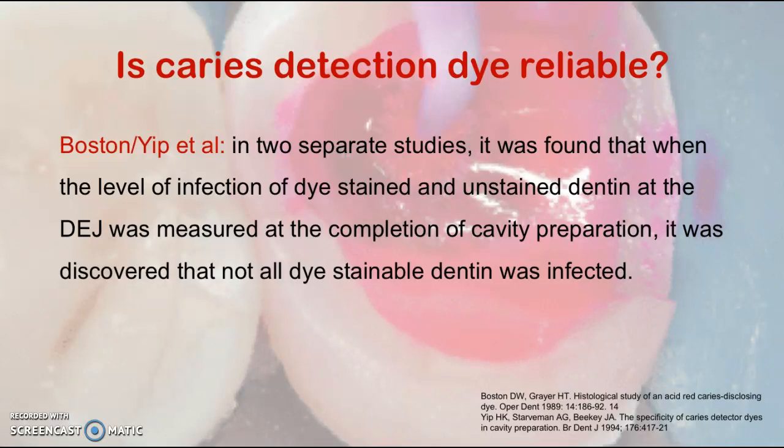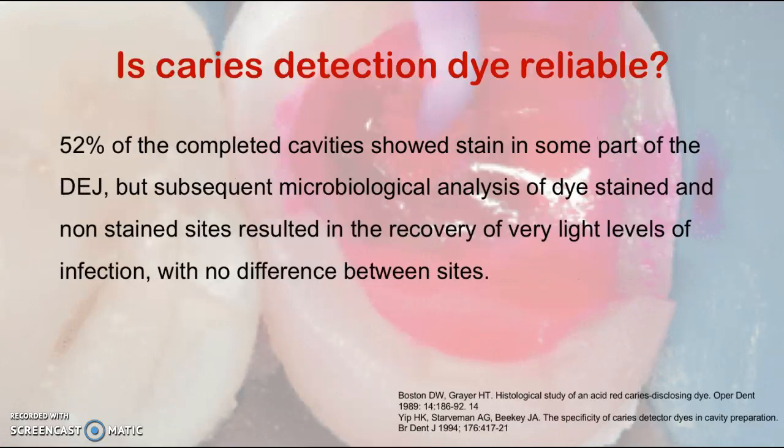The real question is, is caries detection dye reliable? In an article by Boston Yep et al., they said that in two separate studies, when the level of infection of dye-stained and unstained dentine at the dento-enamel junction was measured at the completion of cavity preparation, it was discovered that not all dye-stainable dentine was infected, meaning that healthy dentine was stained with dye as well.